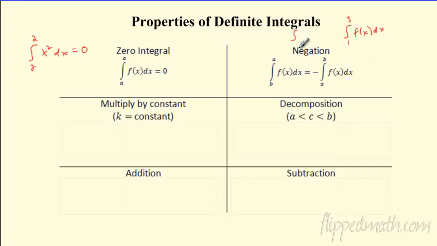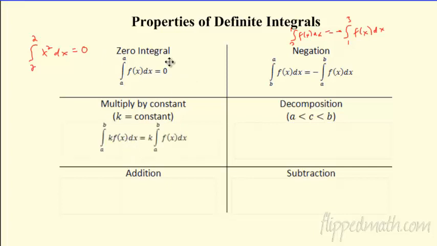If we went from 3 to 1, from the high to the low, it's going to equal the negative version of that. So we're just going to put a negative in front. Always check the boundaries. If the high one's on the bottom, you've got to flip it and make it a negative. I think that'll make more sense when we do a couple coming up here.